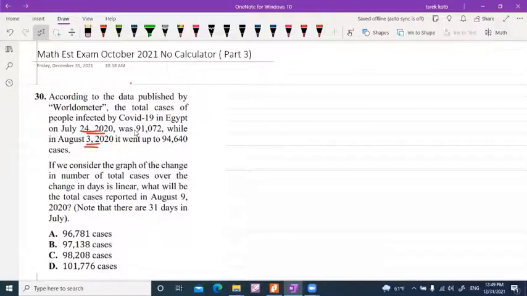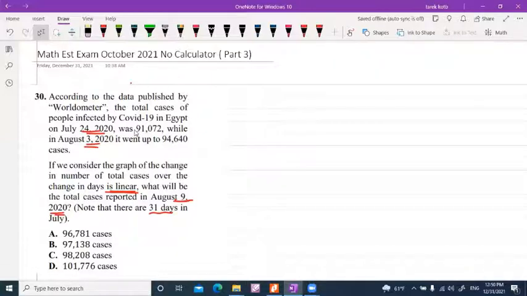If we consider the graph of the change in total cases over change in days is linear, what will be the total cases reported on August 9, 2020? Here it says that July is 31 days.